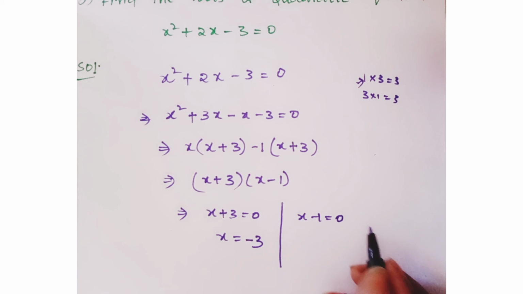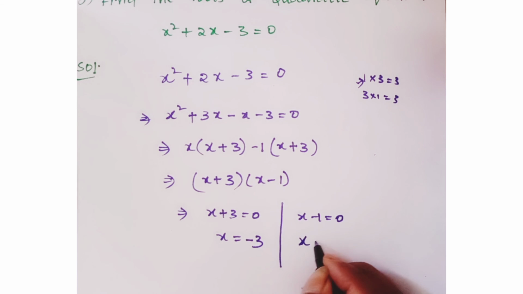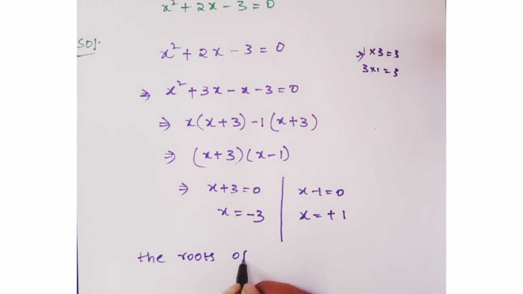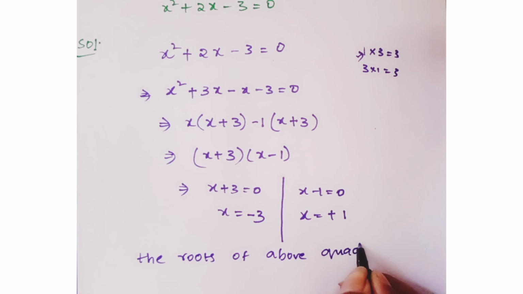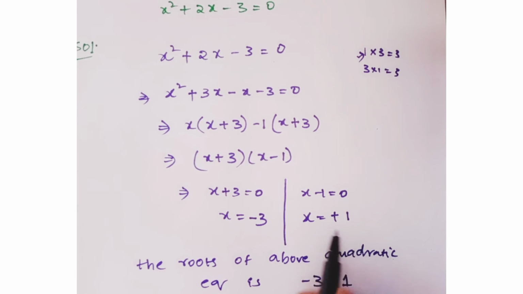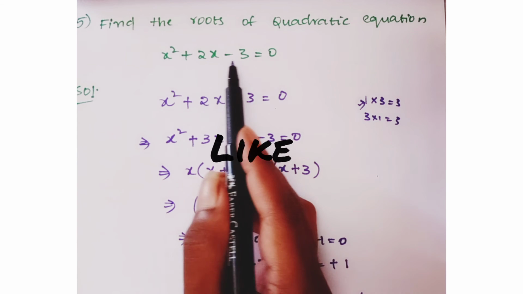Now minus 1, when it comes here, becomes x equal to plus 1. So the roots of the above quadratic equation are minus 3 comma 1. These are the roots for the quadratic equation x square plus 2x minus 3.